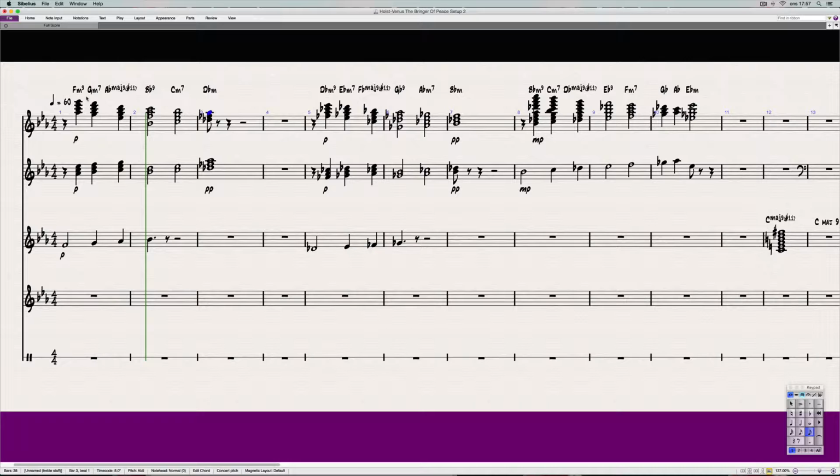But in the Dorian scale, we would have used the natural 6. Sorry. But if you look at the melody note here, it's an A flat. So all these notes are just part of the F minor scale.